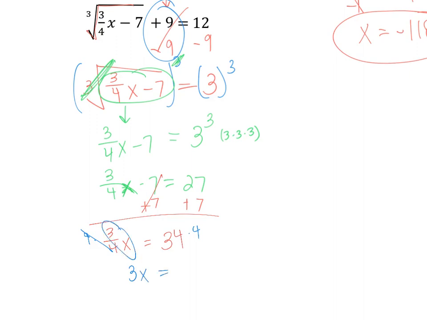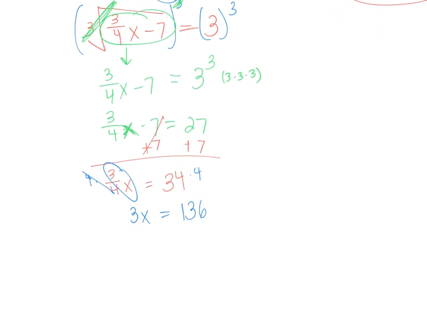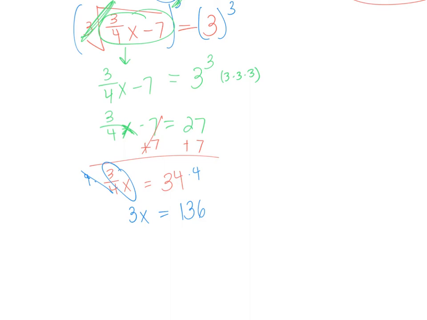And on this side, I'm left with 3x equals 136. Now, I'm not done because I need to divide each side by 3. Now, this is not divisible, so I'm going to leave it in fraction form. So here is my answer for x.